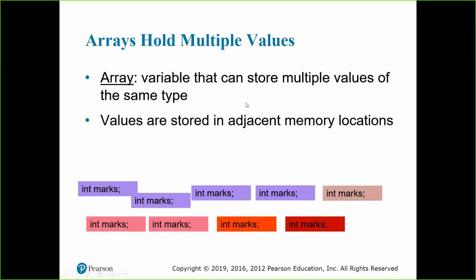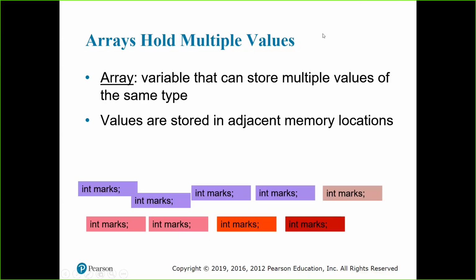So an array is a variable which can store multiple values, for example all the class quiz marks, but all the marks must be of the same type. An array cannot store mixed types of values.